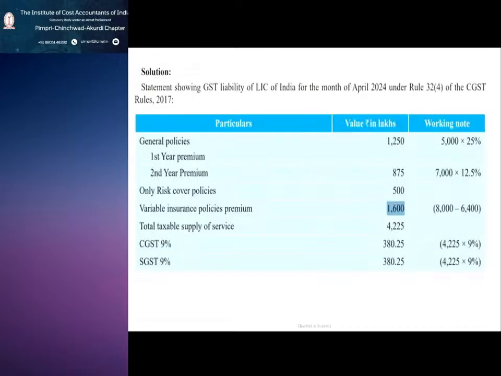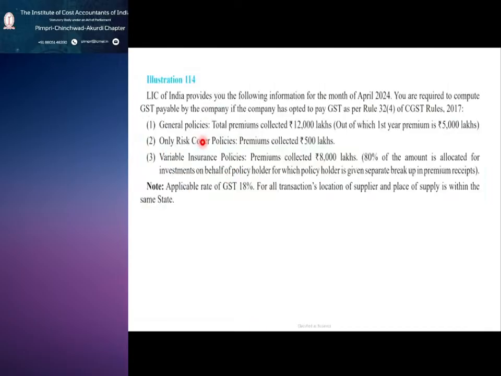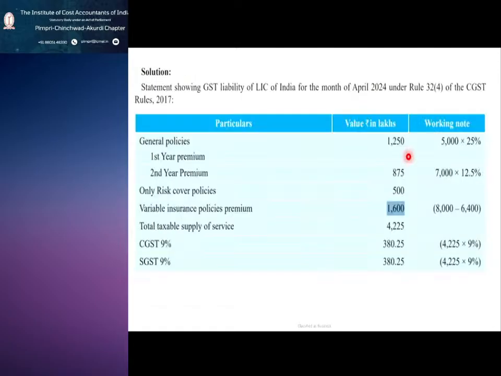So you can have a look here for the general policies. So what is the first year premium? The total premium amount is how much here? 12,000. Out of 12,000, first year premium is 5,000 lakhs. So the 5,000 lakhs, there is no saving allocations are there.